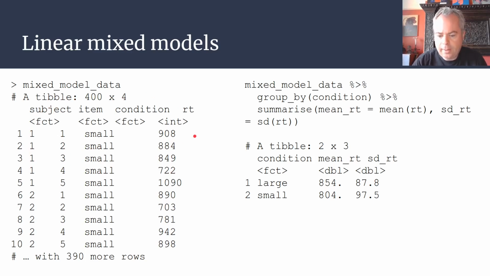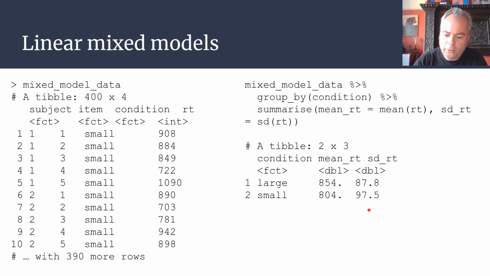So the first thing we'll want to do is just generate some summary statistics. We're just going to do that as we've done previously. We're going to take our data set, which is mixed model data, and then we're going to group it by condition, and then we're going to generate some summary statistics such that we've got mean underscore RT, which is going to be the mean or average reaction time, and SD underscore RT, which is going to be the standard deviation.